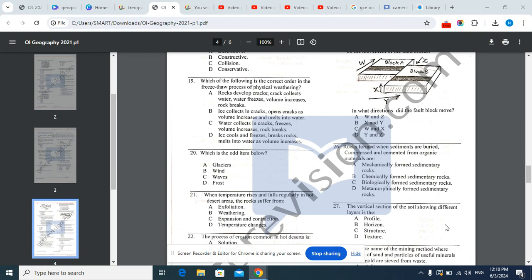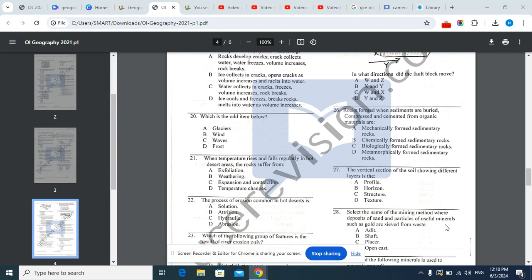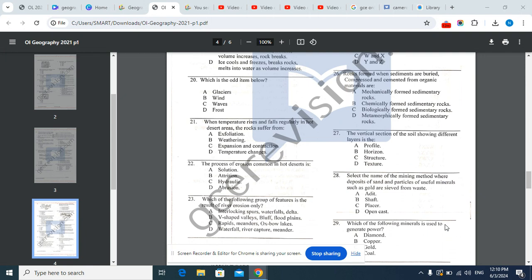Number 22. The process of erosion common in hot desert is. The answer is D. Question 23.